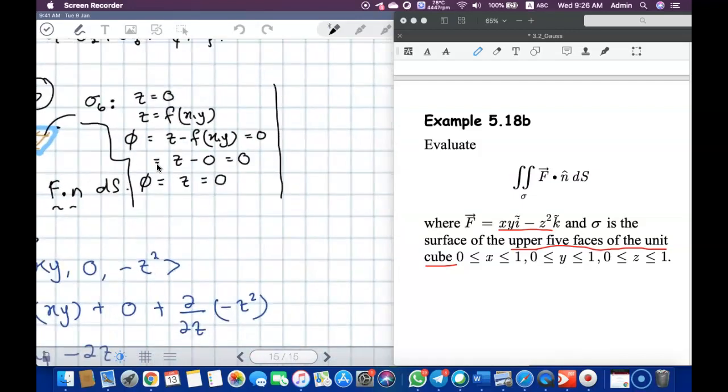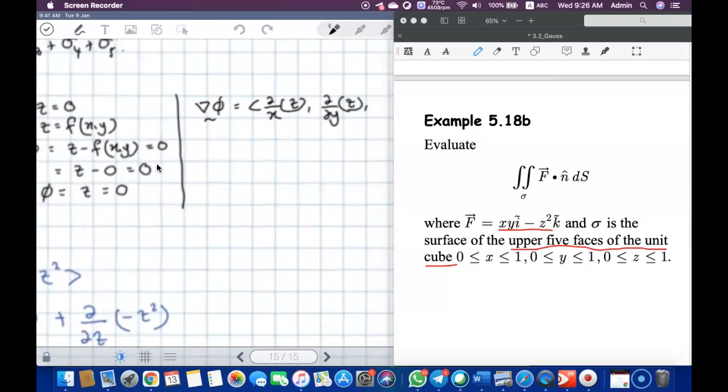Okay, so next you're going to compute the gradient of phi. So del x of z, del y of z, and del z of z, which gives 0, 0, 1.